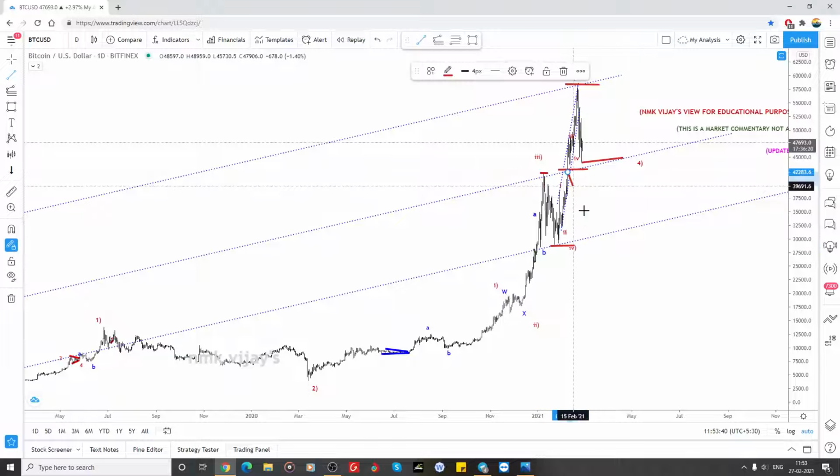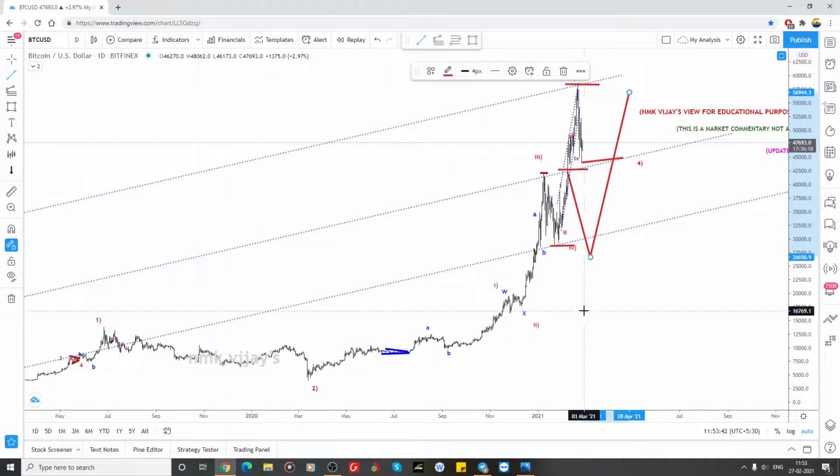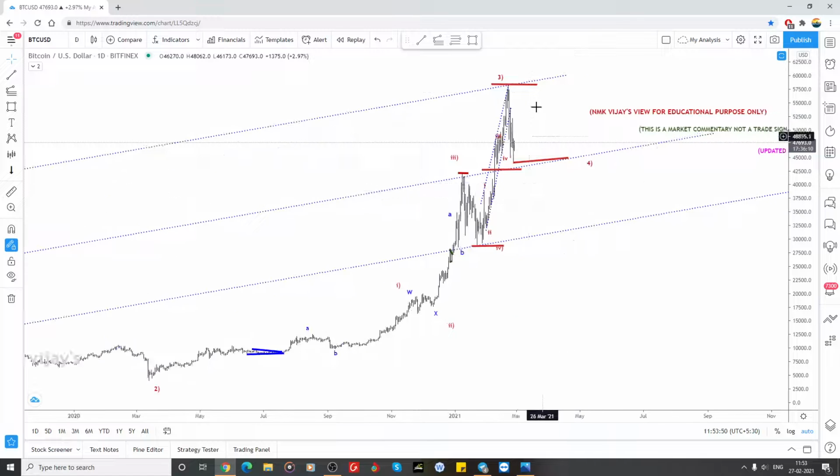Sometimes the bigger fourth wave can do like this, and then again it can go. So whenever we enter, it can be like that. So the risk reward factor is very poor to take the trade in Bitcoin.